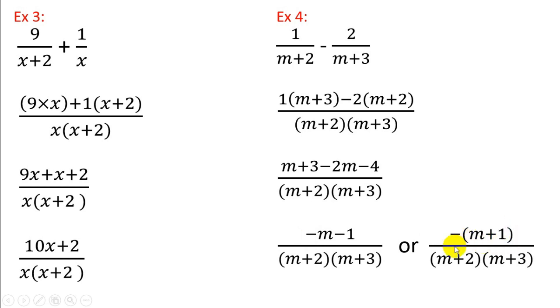What I did over here is I took the minus out as a common, then within brackets I get m plus 1. As you can see, if I multiply back again, minus into plus is minus, minus m, again minus into plus is minus, minus 1. So both are the same.